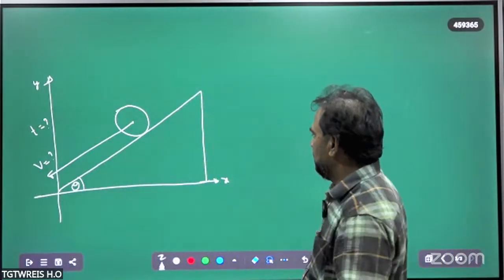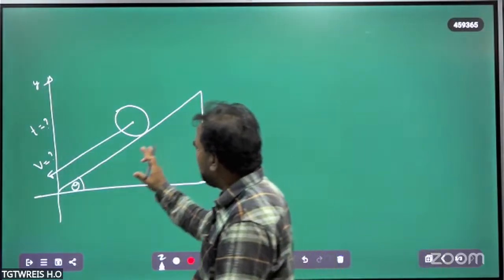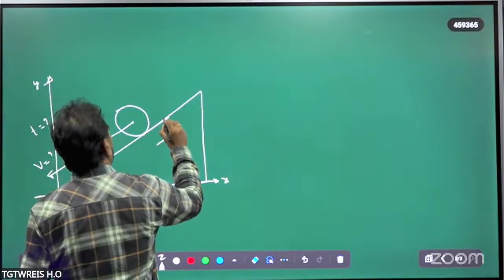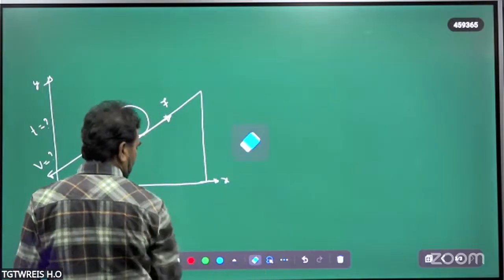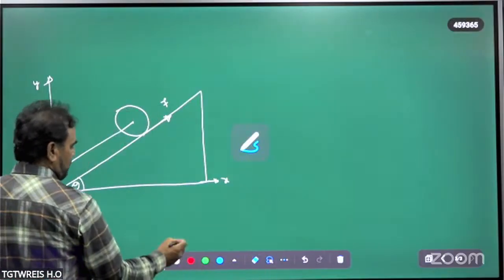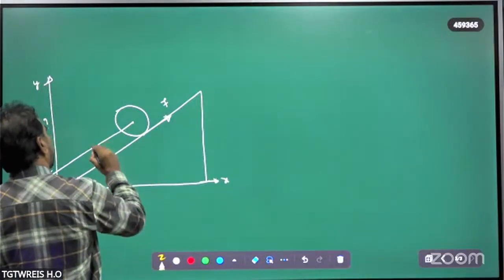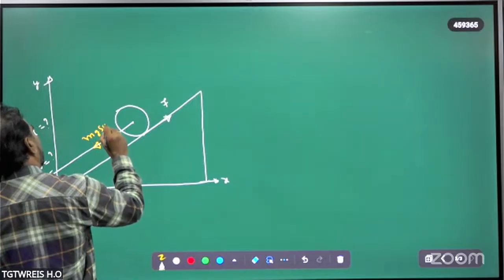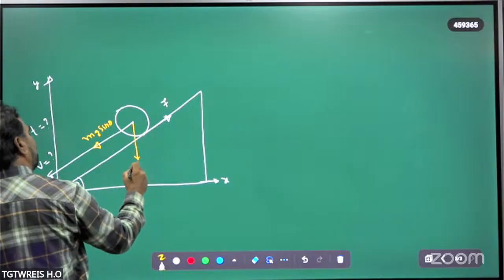Okay. Here see, when the object is rolling down the inclined plane, how many forces will act on it? Friction force is acting in the upward direction, F, and the weight will act in the downward direction.